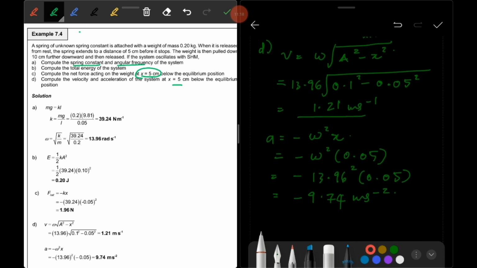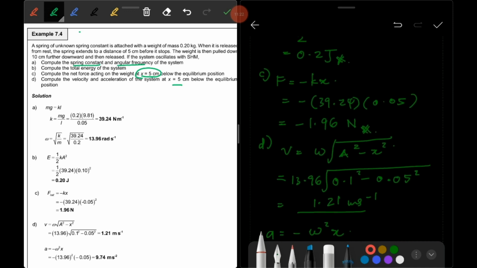So what is meant by the negative sign here? Question D and also question C, the negative sign.